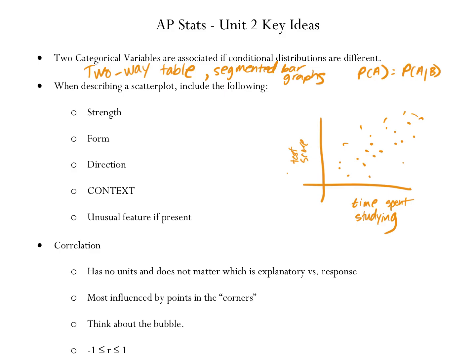As you look at this particular scatter plot, it's moderately strong. Form: is it linear or not? Would you call this linear, give or take? Direction: positive. Great.